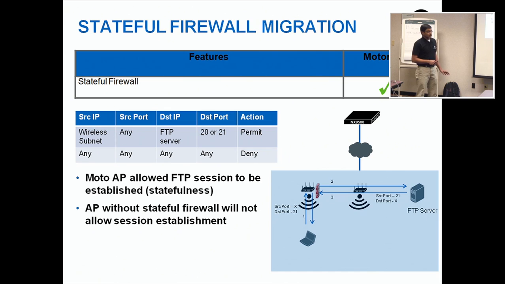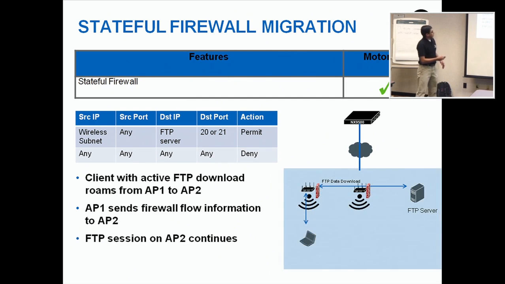And the cool thing is, even if your WAN is down, what happens when your client roams from this AP to this AP? Assume that there's an FTP download going on at AP1, and AP1 has the flow information for that particular session.